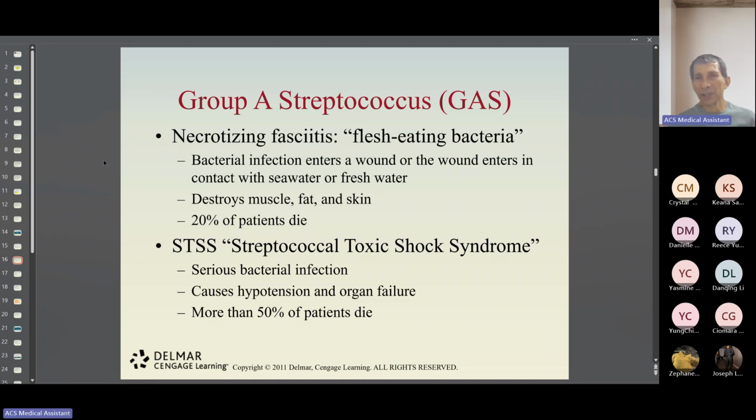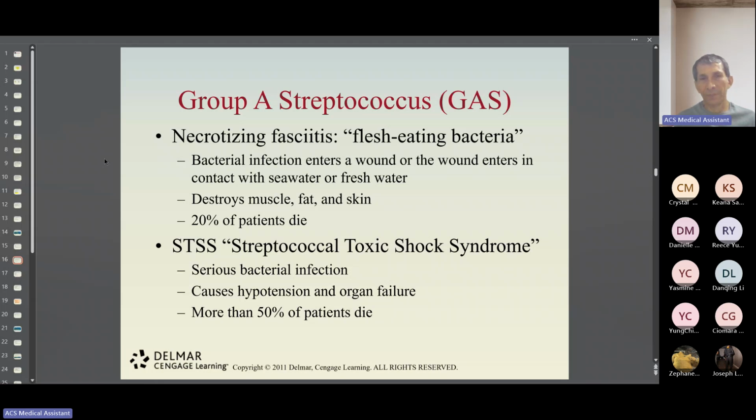So the group A Streptococcus, which is called GAS, produces something called flesh-eating bacteria. You heard about the flesh-eating bacteria. That's called necrotizing fasciitis. So this is a bacteria that destroys muscles, fat, skin. So your skin starts falling off because they start eating it, leaving the bones only. That's not good, right?